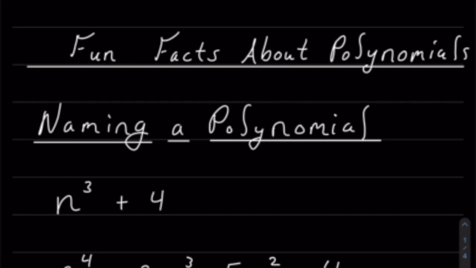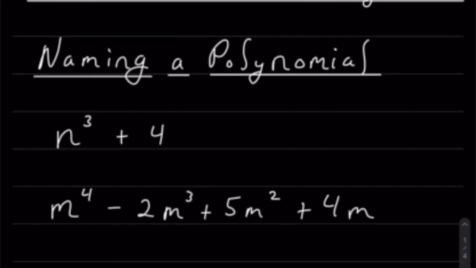One of the first things you need to understand about a polynomial is they actually have a name. Nope, it's not like George or Mary or Dave or Lucas or something like that. It is a name that's derived from the number of terms in the polynomial and the highest exponent in the polynomial.